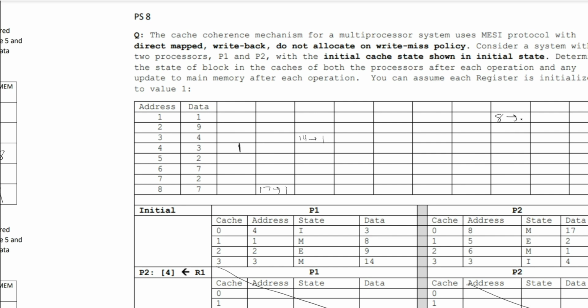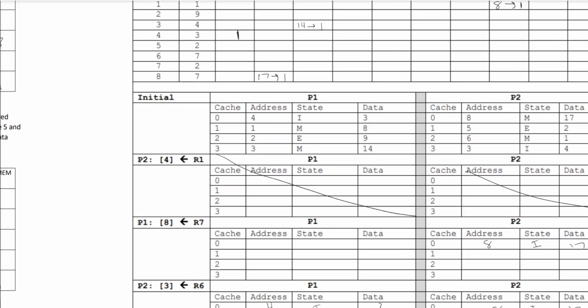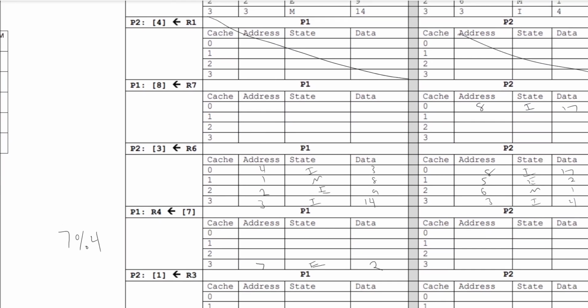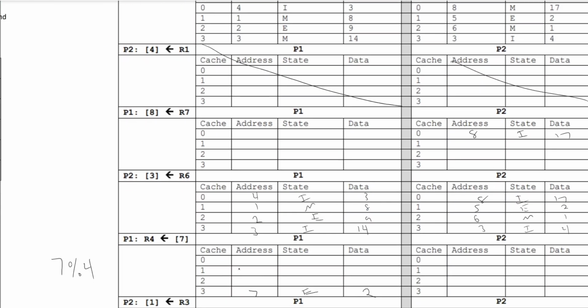But it goes from 8, and then it's going to go to a 1. We didn't put anything in register 3, right? Yeah, okay. So it'll go from 8 to 1. And then this will become invalid. And there should be 4 still.